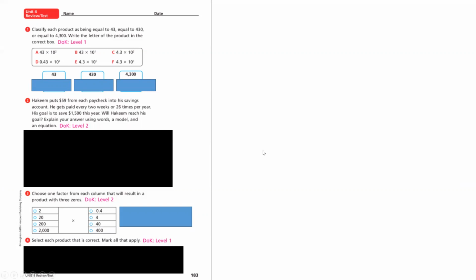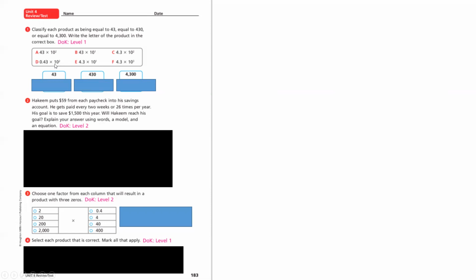There's no decimal to jump over, so you're going to add 2 zeros, so that's 4300. That's this one. B, 43 times 10 to the first power. You're just going to add 1 zero. Boom, this one. And then this one is 4.3 times 10 to the second power. It's going to jump over once, and then you're going to add a 0 because it's jumping twice, once, two, so that's 430, this one.